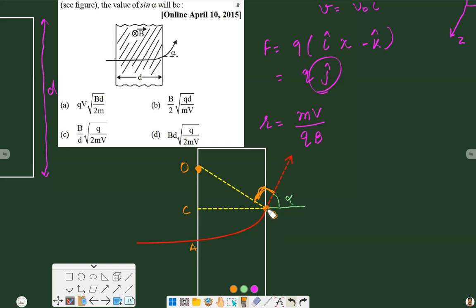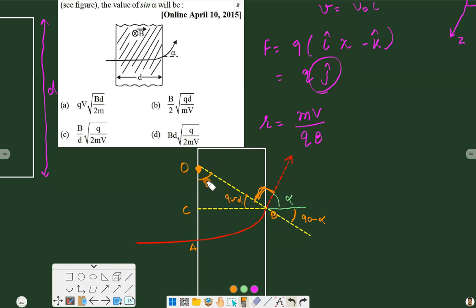and let's extend this line here. So this angle will be 90 minus alpha. The opposite angle will again be 90 minus alpha, and this angle will again be alpha.